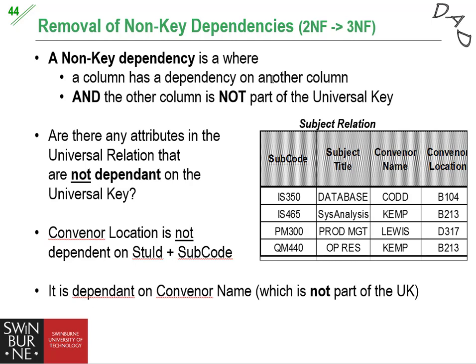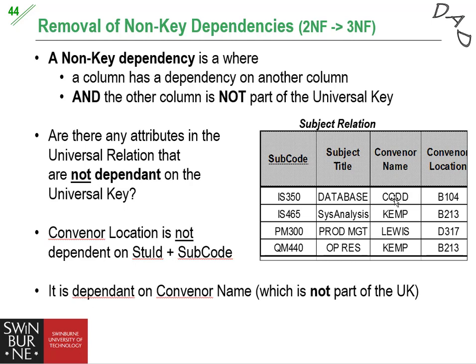So what are the columns in our tables dependent on other columns which are not part of the primary key? Now if you go through the subject entity, you can see the convener locations. So the convener location is dependent on the convener name.